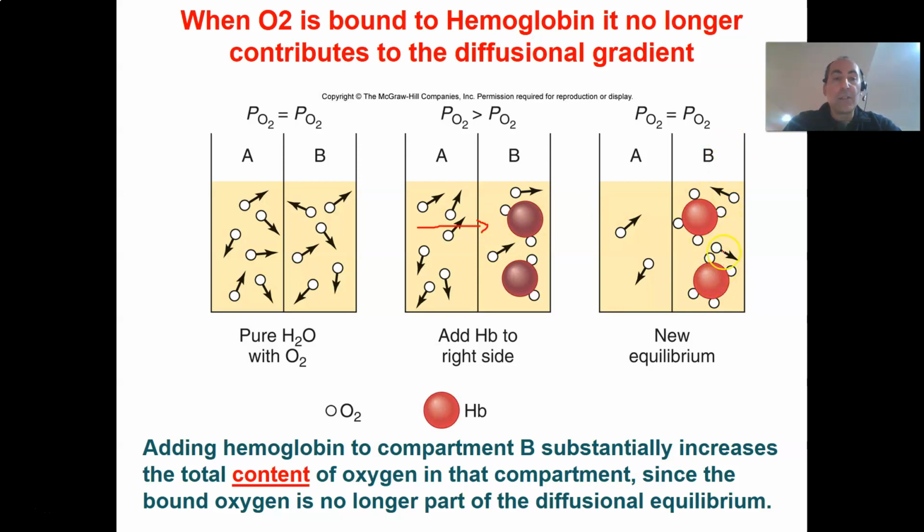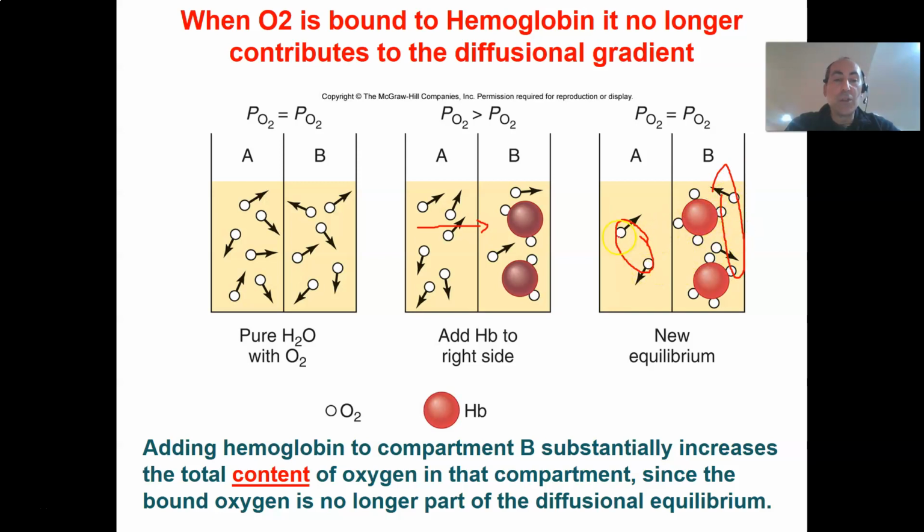Once all of those spaces are taken up by oxygen on the hemoglobin, ultimately you'll have an equal number of free oxygen molecules on this side and on this side, so you'll have a new equilibrium.